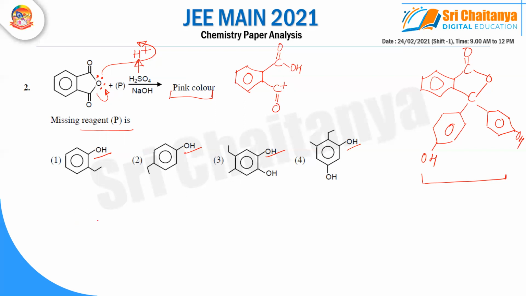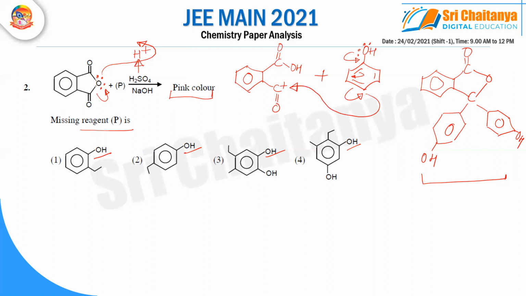Now, if you can understand the effect of phenol, the resonance will increase the electron density at the para position, and from this para position, it will attack at this particular carbon.